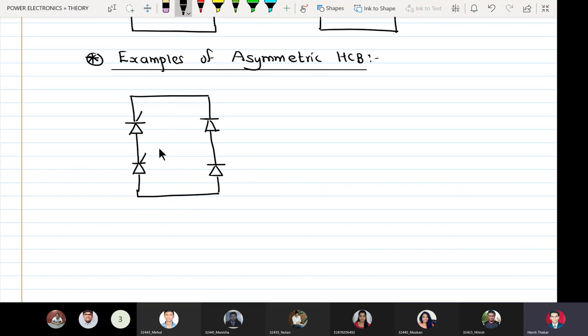So, a classic example: arm 2 is not having even one SCR.